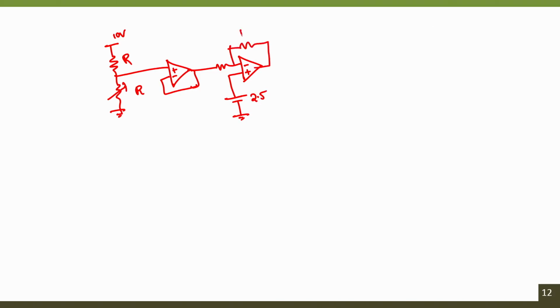And RF by R1. Of course, it depends upon the gain that you require, you can adjust the RF and R1 values. This is R1 and this is RF, so in case you require a higher gain and want to utilize the complete levels of an ADC, the amplification will always help. And to remove the offset and the phase shift, we again use another operational amplifier with a negative feedback configuration with a gain of 1.